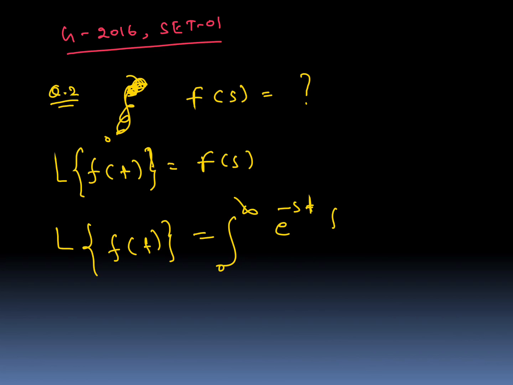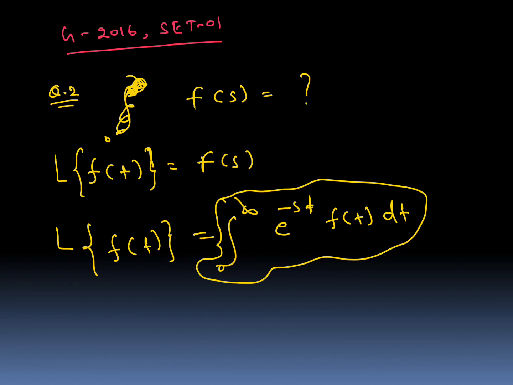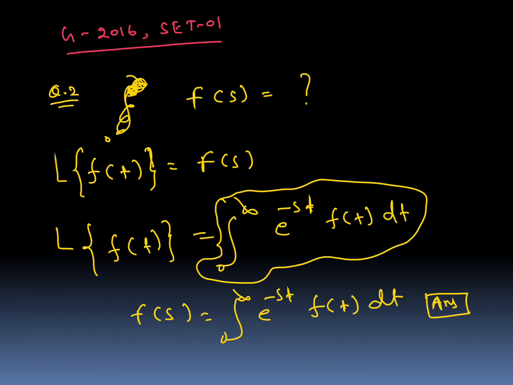So F of s equals the integral from 0 to infinity of e to the power minus st f of t dt. This is our answer, and it is available in one option. They are asking the direct formula.